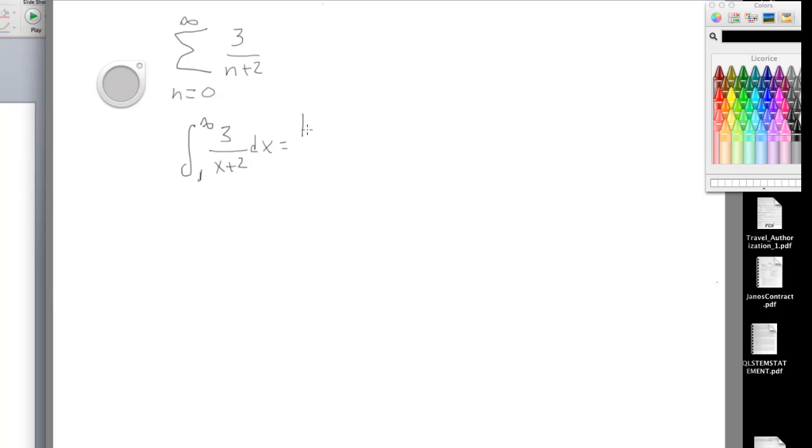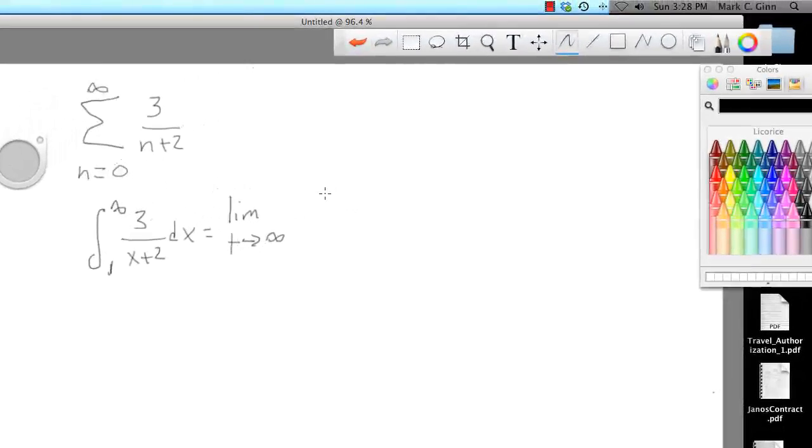So that is the limit as t goes to infinity. I'll bring the 3 out. Then the integral from 1 to t of 1 over x plus 2 dx.